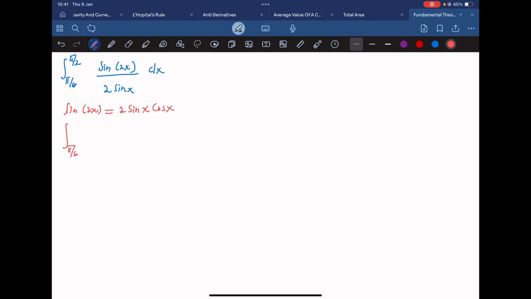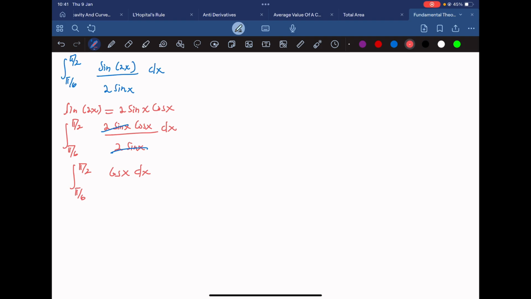So in that case, we can rewrite everything. We can have pi over 6 to pi over 2, then now 2 sine of x cosine of x divided by 2 sine of x dx. So we get to see that 2 sine of x will cancel 2 sine of x. So we just have the integral from pi over 6 to pi over 2 of cosine of x dx.